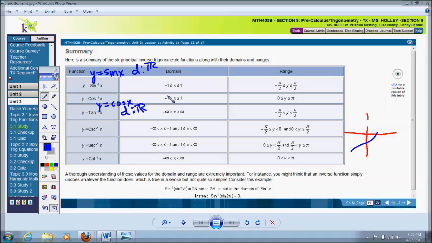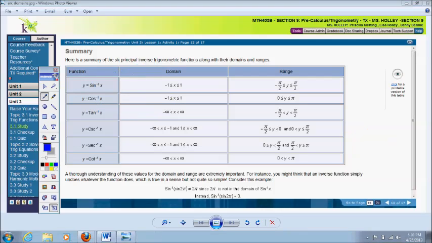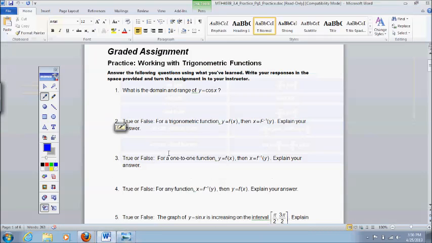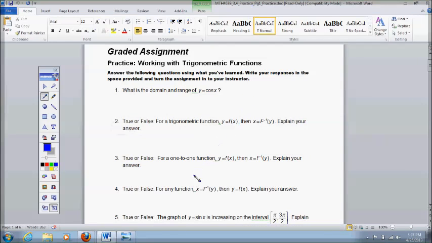Now with that being explained, let's go back to the problem. So what this is saying here, for a trig function, so that's where these tricky rules come into play. If we have a function, then its inverse is a function as well.